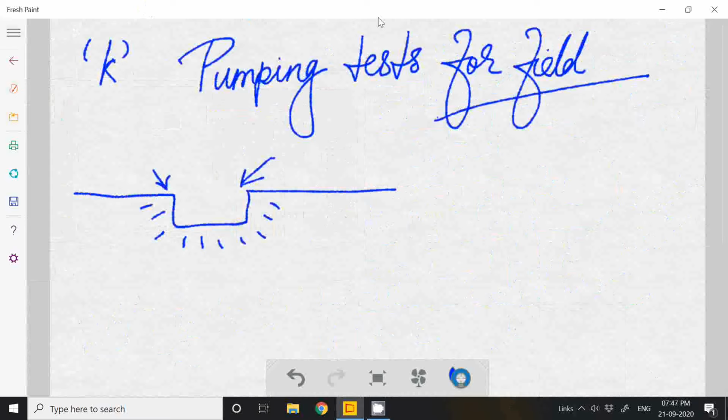So that's why permeability values are often needed in problems which involve drainage of excavations.